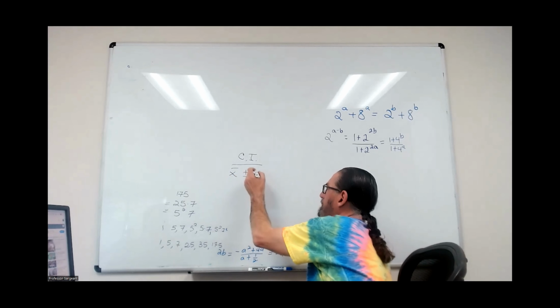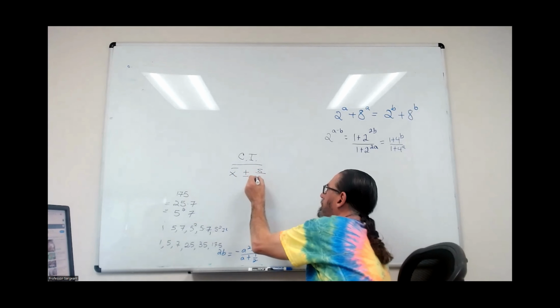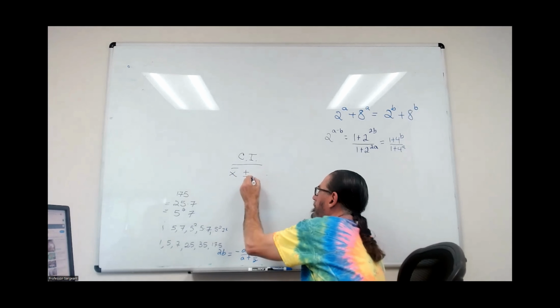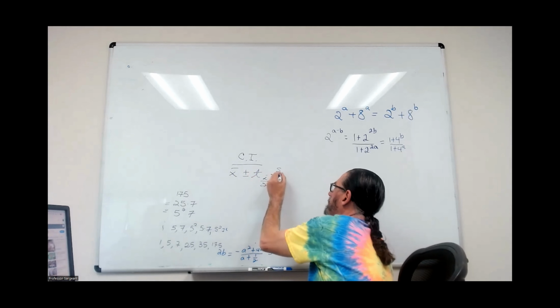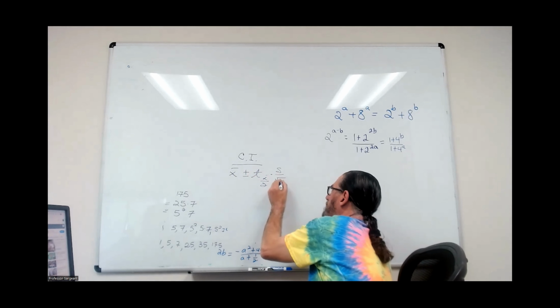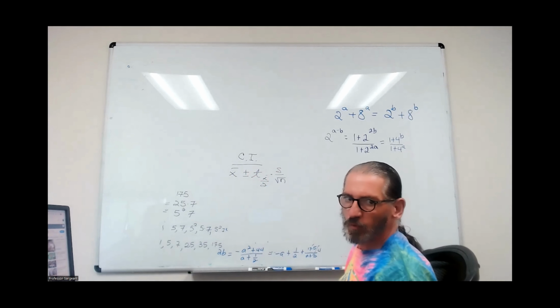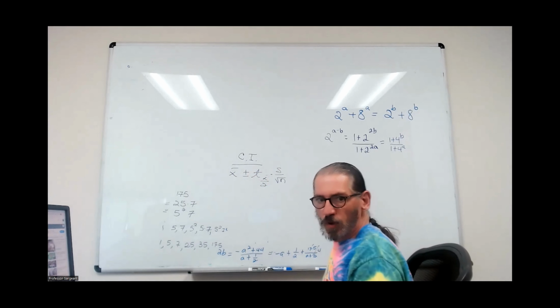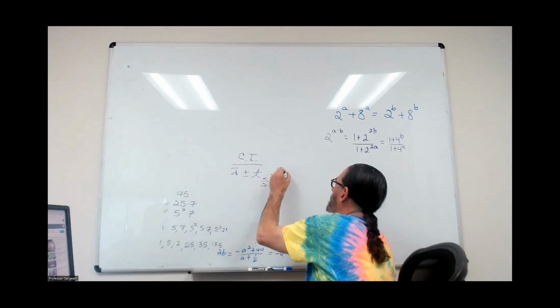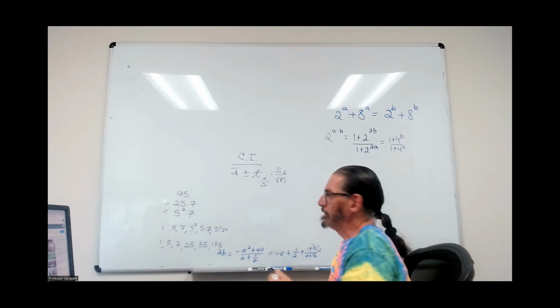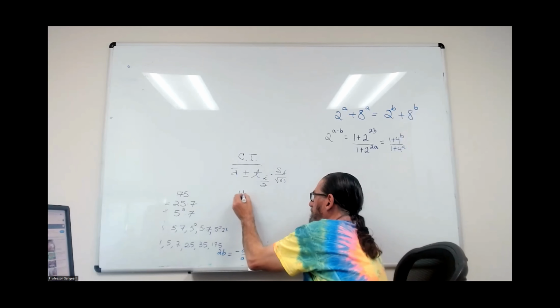X bar plus or minus critical T value times standard deviation divided by the square root of the sample size. We're going to replace X bar with D bar and S with S sub D for our hypothesis testing.